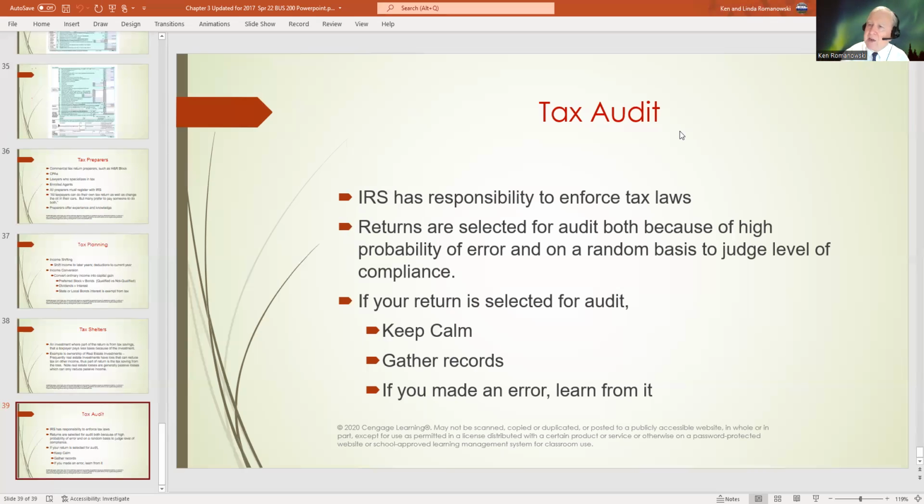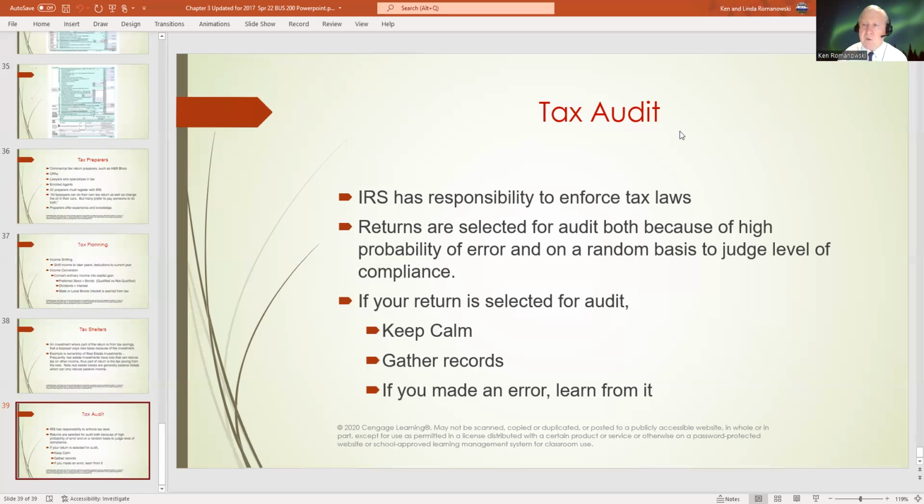And if you have any receipts, send a copy of those receipts in with your letter explaining what it is that you have here. And if you send the information in and it makes sense to them, then you're not going to have to go in physically. Then they will say, okay, your audit is fine. Thank you very much. Move on from there.